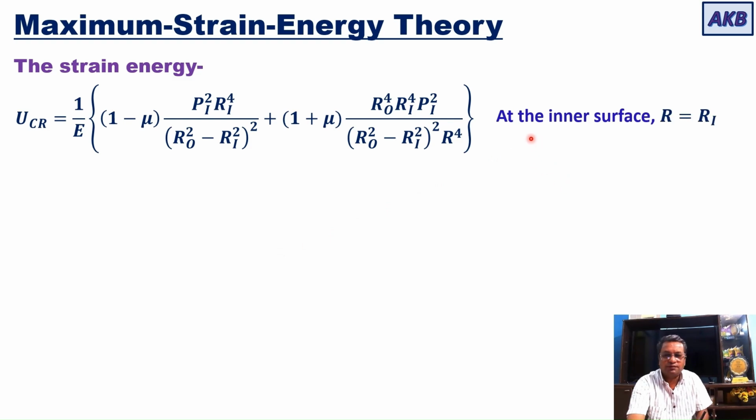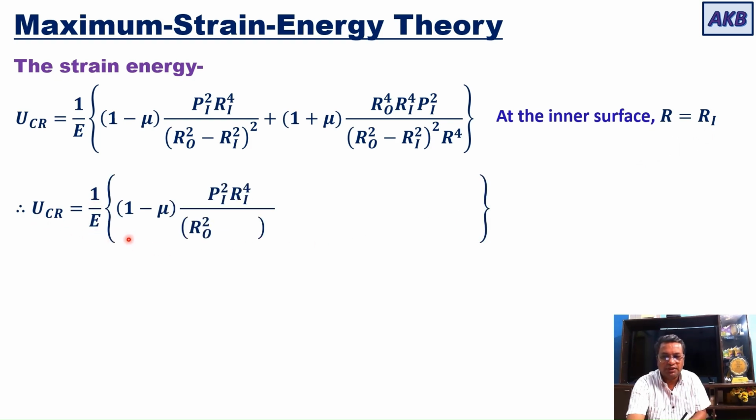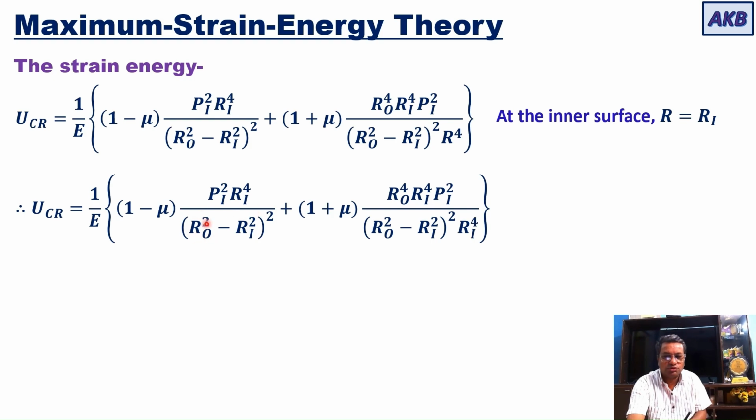Now if we want to have the strain energy at the inner surface, that means when r is equal to ri, that gives us UCR is equal to 1 upon E into (1 minus mu) Pi square into ri raised to 4 divided by the square of (ro square minus ri square), plus (1 plus mu) into ro raised to 4 ri raised to 4 Pi square divided by the square of (ro square minus ri square) into ri raised to 4.